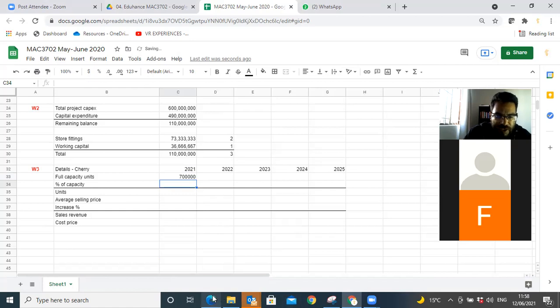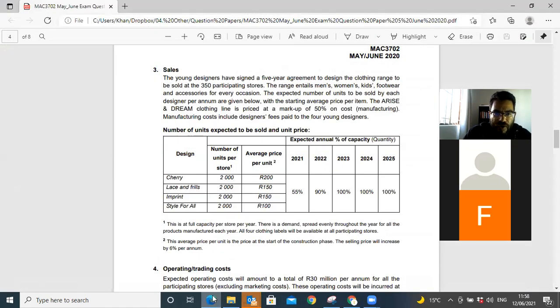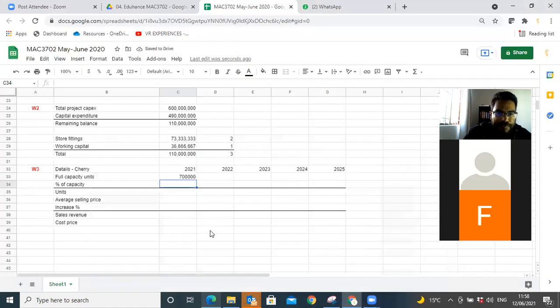Okay, so let me just see if I'm doing this right. 2,000 per store. Okay, so each year it will remain the same. Then they told us in year 1 it is 55%. In year 2 it is 90%, and then year 3 100%.